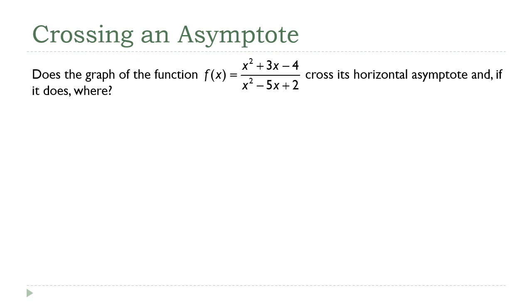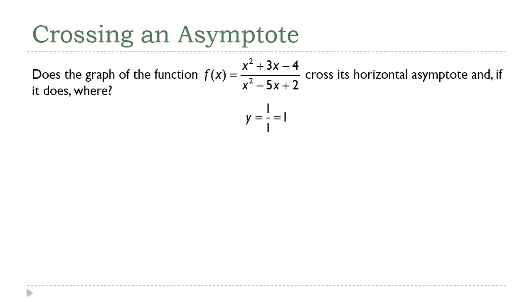They're both 2. So this graph does have a horizontal asymptote, and it occurs at the ratio of the leading coefficients. So in this case, they're both 1, right? It's that implicit 1 in front of the x squareds. So the horizontal asymptote occurs at y equals 1 over 1, which of course is just 1. Okay, so now we have all the information we need to answer our question.